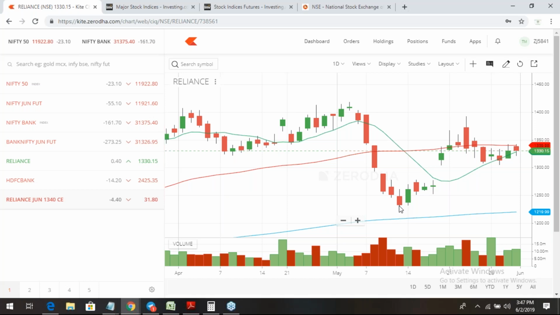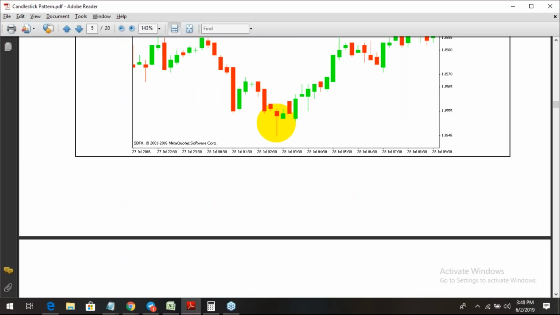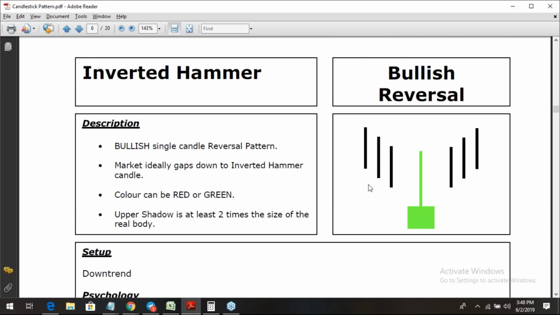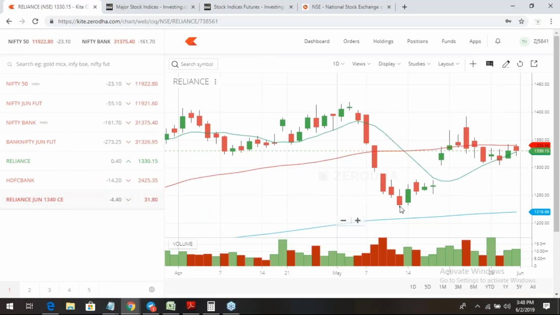You are right, but what is the actual name of that reversal hammer? This is reversal hammer. You can say it's an inverted hammer, right? It's an inverted hammer. So some people are still awake, some are sleeping. Only five, six people are awake. Okay. So this is an inverted hammer.